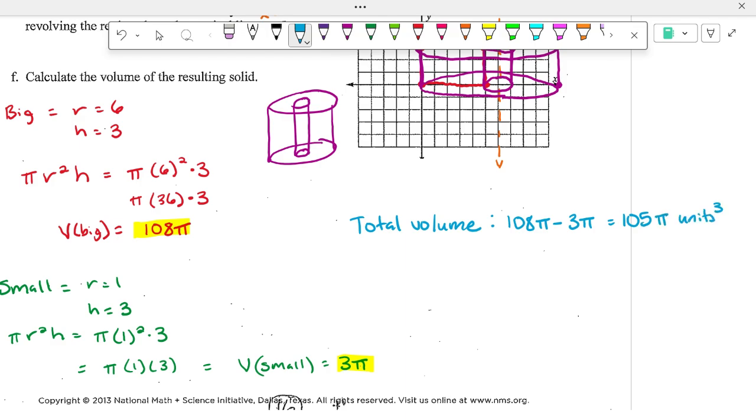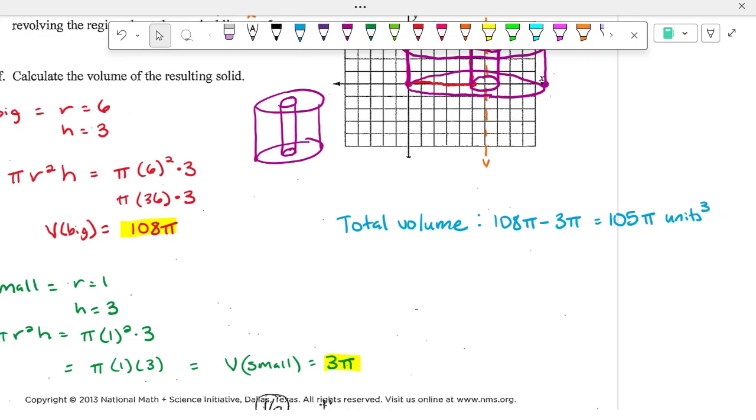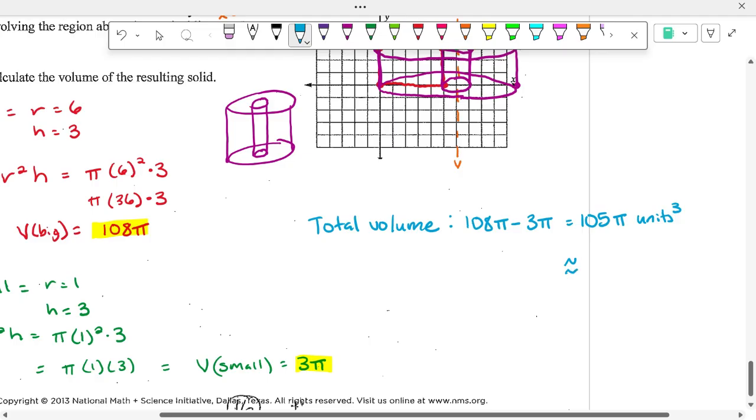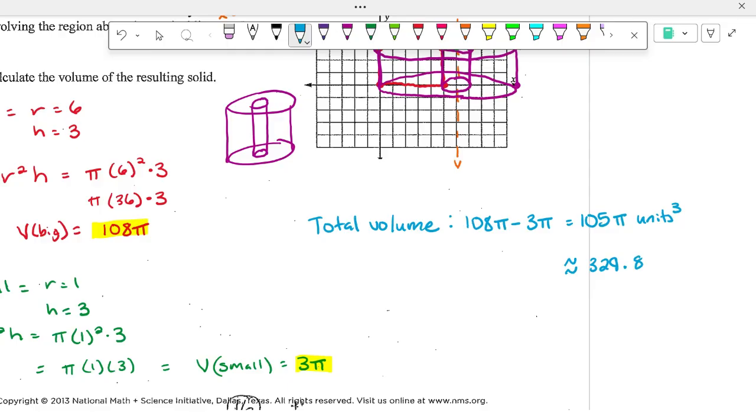But what is it approximately? Do 108 pi minus 3 pi in your calculator. Tell me what it is approximately. That's 86. Wait, 87. Okay. Now, just to check, do 105 pi in your calculator and see if it's the same. Good. So this would be the total volume of this toilet paper roll.